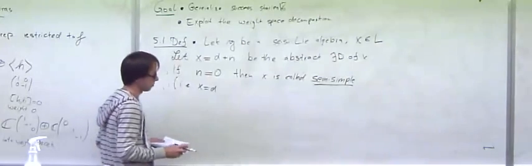So this is a bit bad because now we have two meanings for the word semi-simple. For a Lie algebra, well, we know it.